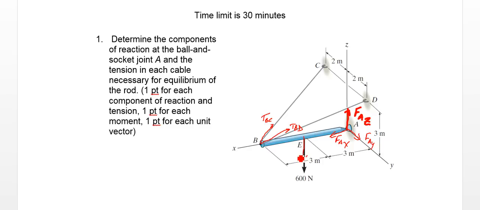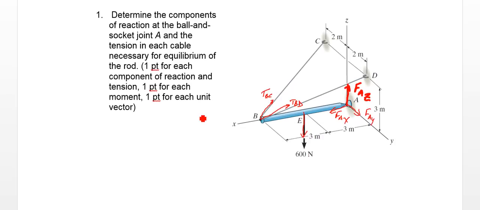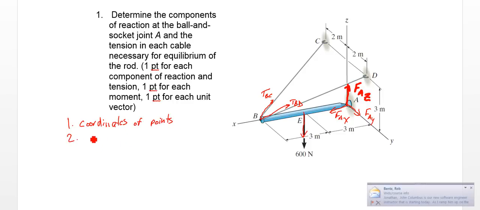So what are the steps to solving this problem? Our first step is find the coordinates of each point. Our second step is to find our position vectors.